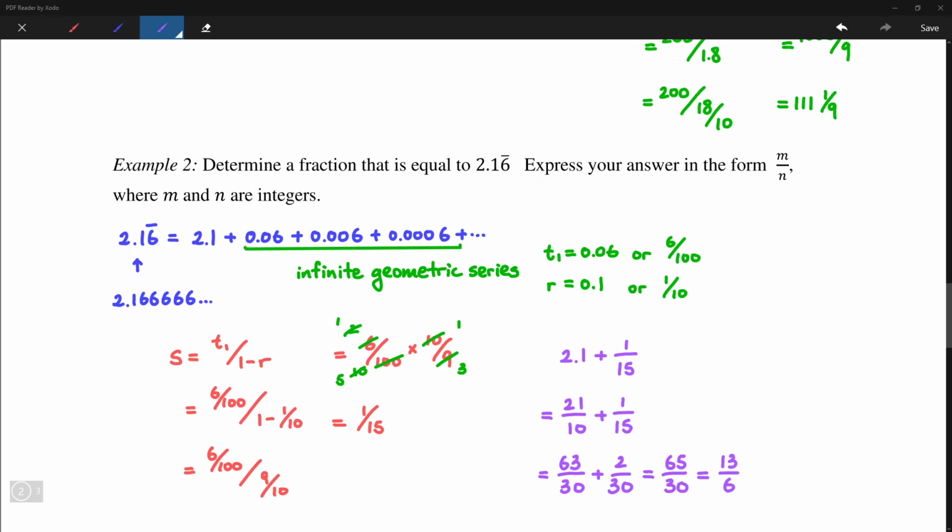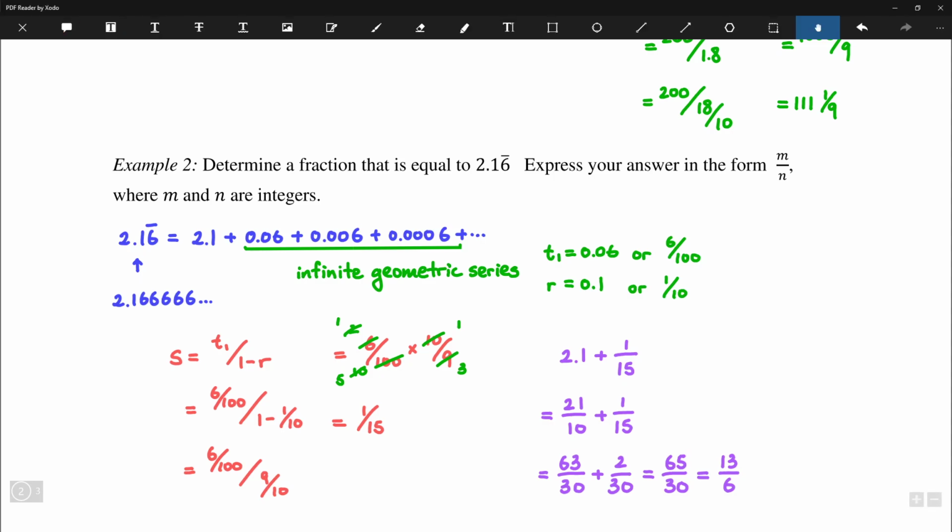Okay. And if we use a calculator to divide 13 by 6, we will get 2.16 repeated, where only the 6 is repeated. All right, so that's the idea.